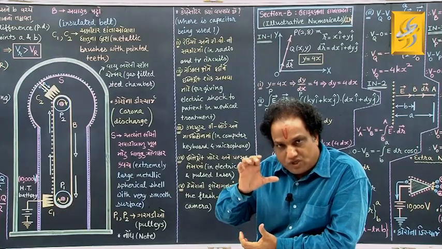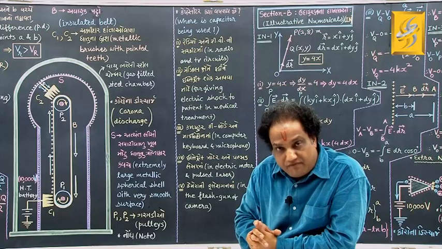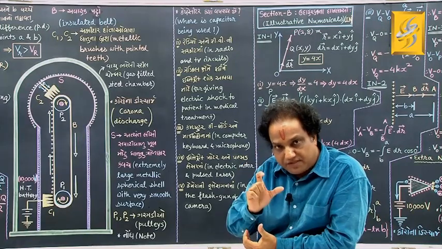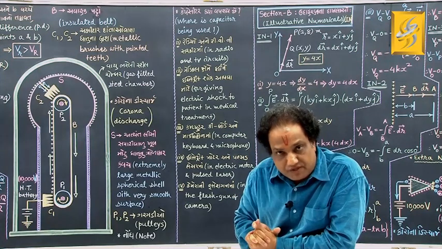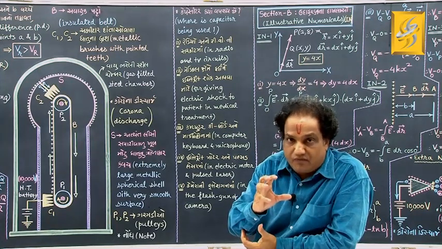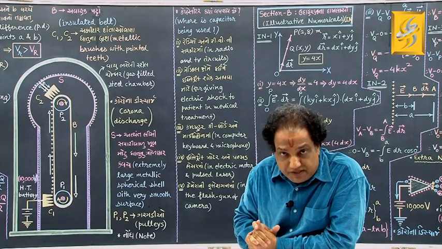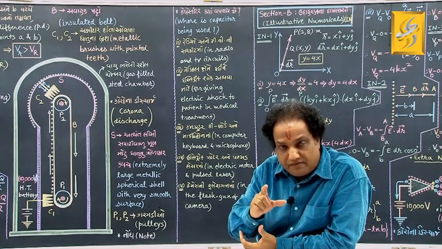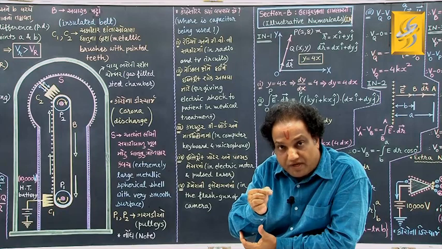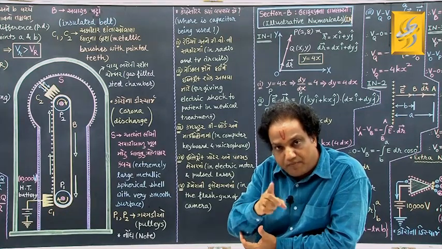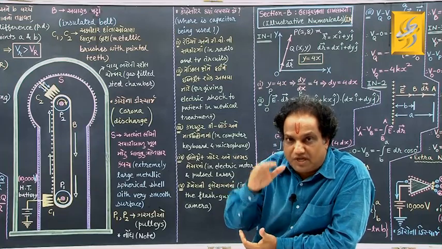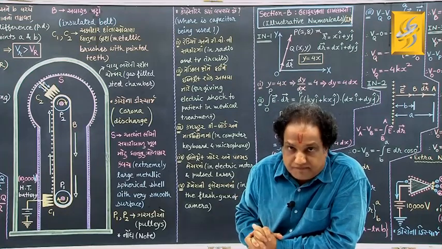Correct? At that time we require to pass some electrical pulse through the body of that patient, and then we require a surge of electric current, and that electric current for a moment is to be flown with a high amount, and that current we obtain through the discharging process of a capacitor.